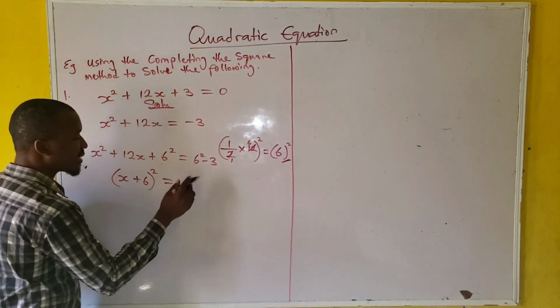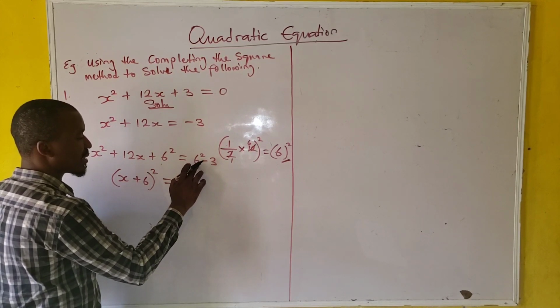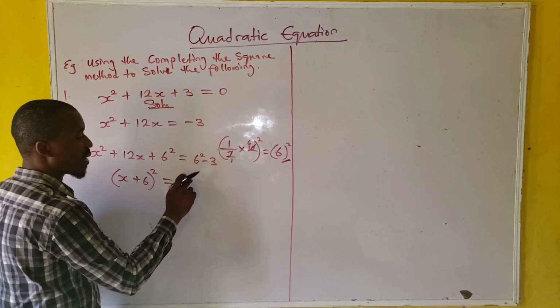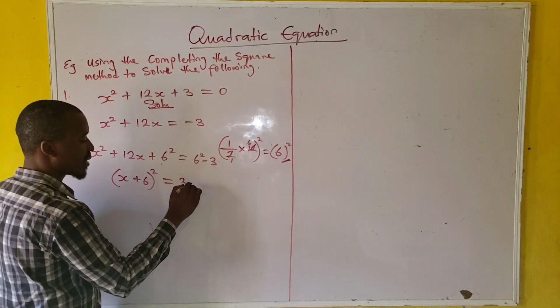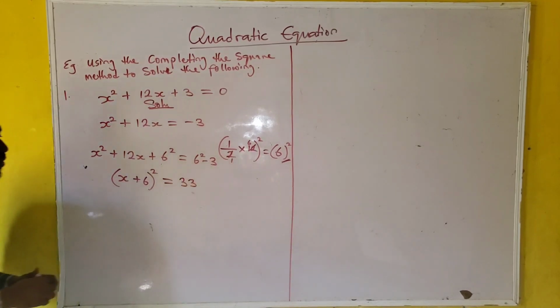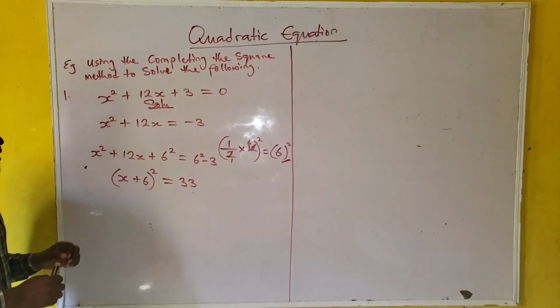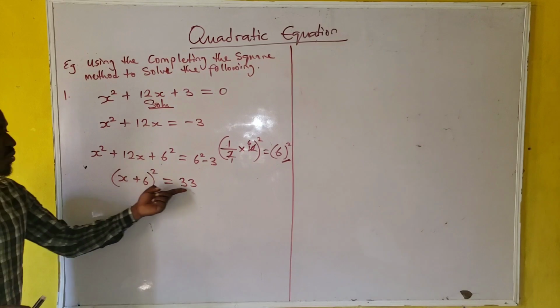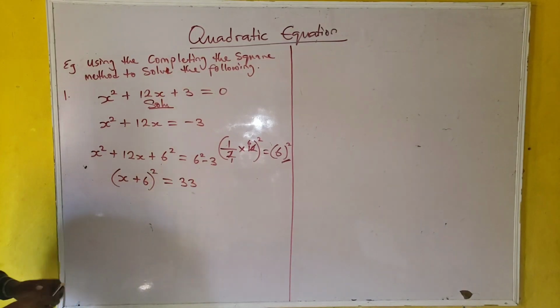Okay, so the next thing now is to simplify this. This 6 square will give us 36. 36 minus 3 will give us 33. Now the next step is you should take the square root of both sides. Why are we taking the square root of both sides?